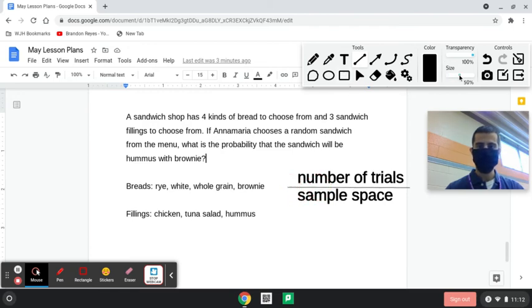And the trials are just, when you do something, when you make a sandwich, when you spin the spinner, that's a trial. So she's only making one sandwich, and there are 12 different possibilities. So our probability ends up being 1/12.